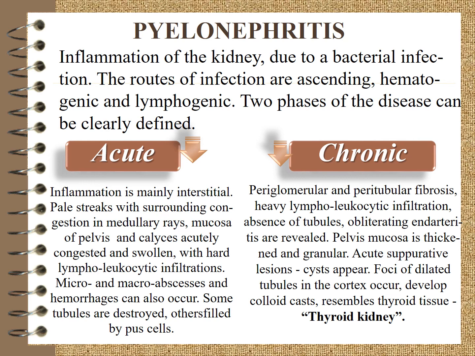In the majority of cases, the condition is an ascending infection from the lower urinary tract, frequently associated with obstruction. Both sexes may be affected. The condition is more common in females, possibly due to the short, wide ureter.